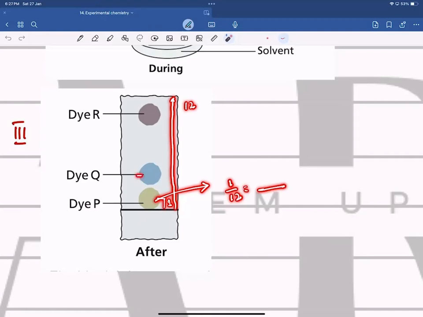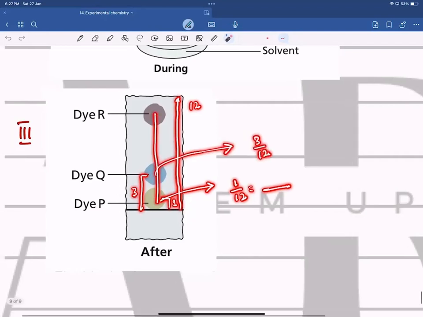Then for dye Q, we will note this distance. Suppose it's 3, and the whole distance is 12. So the RF value for this will be 3/12. And for example, if this distance is 11, the RF value would be 11/12.